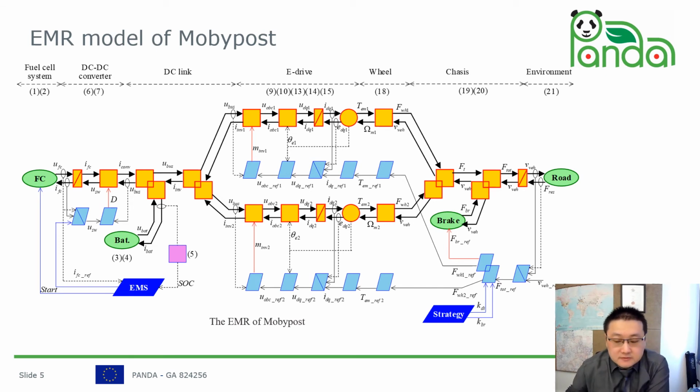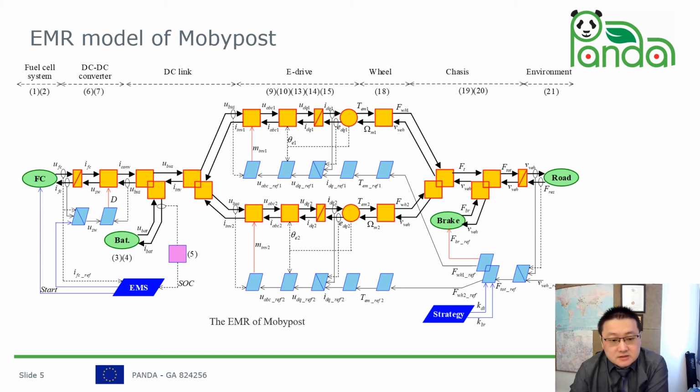You can see from the very left side we have the fuel cell system model connected to the DC-DC converters, then supplied to the DC link with the presence of the batteries, and then the entire model goes to the supply of the inverters, wheels, bodies, motors, and vehicle aerodynamics, and so on, with feedback on the control of the different energy management strategies that we have already used in the previous project.